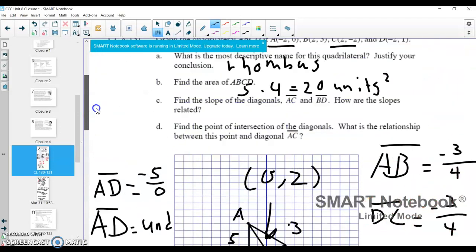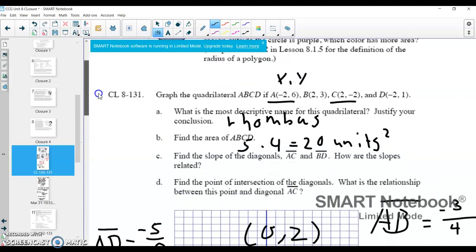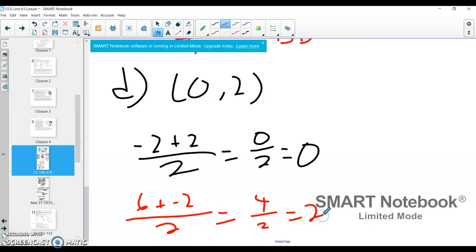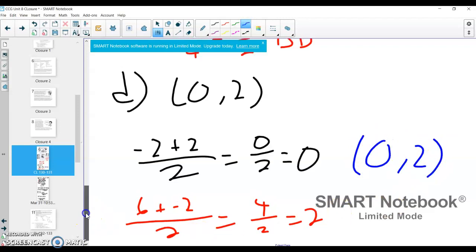And if I want to find the y coordinate of my midpoint, you have to add them together and divide by 2. So 6 plus -2 divided by 2. 6 plus -2 is 4 over 2, which gives me 2, which gives me a coordinate of 0, 2. And so my theory was right.